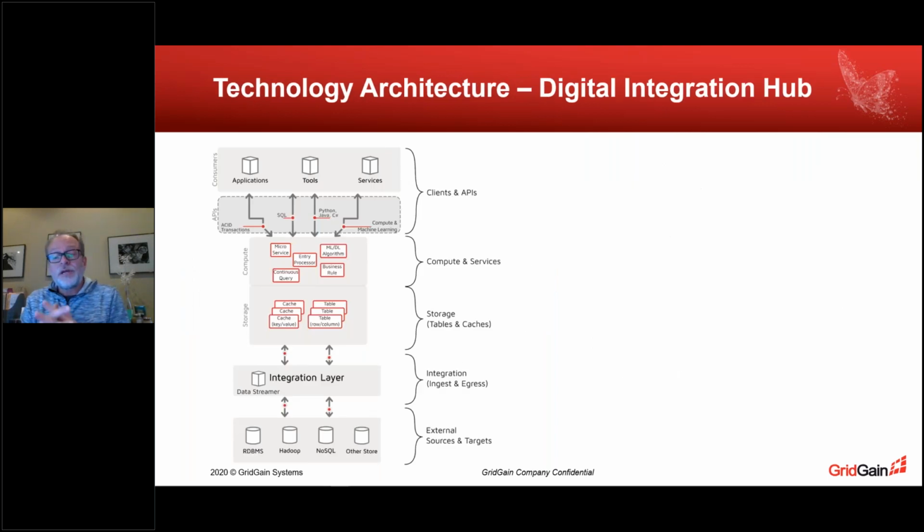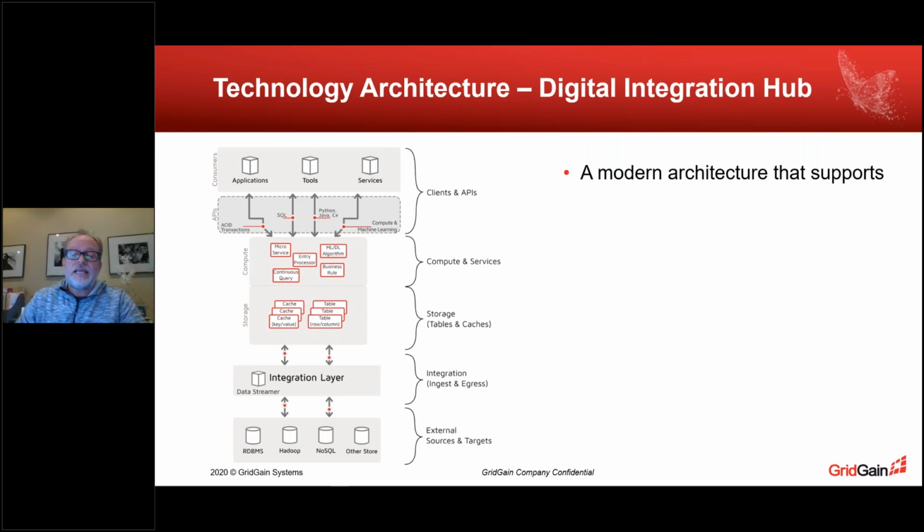Okay, so when looking to implement the business or organizational specific technology platforms as listed above, the Digital Integration Hub, or DIH, is an architecture that works well for 3 or 4 of those organizations.